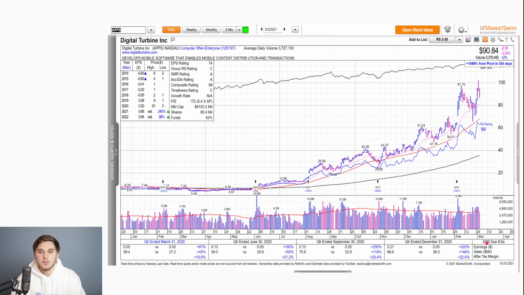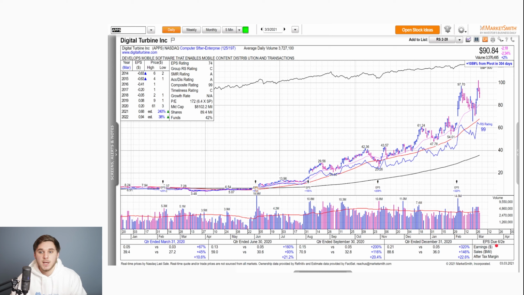Because if, for instance, you saw that the sales numbers were only growing at like 10, 15%, while the earnings were growing at 100%, or even if the sales growth was negative, you might ask yourself, how are they getting these extraordinary earnings numbers when their sales aren't growing at all? Are they cutting out R&D and future investments for the benefit of short-term earnings, which will hurt the company in the long run?